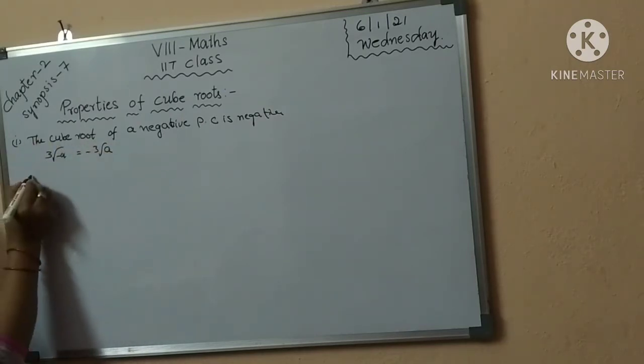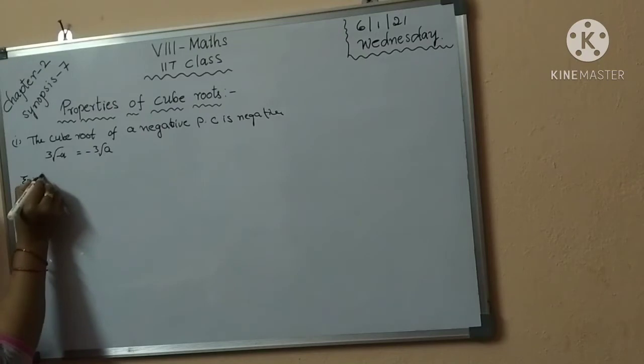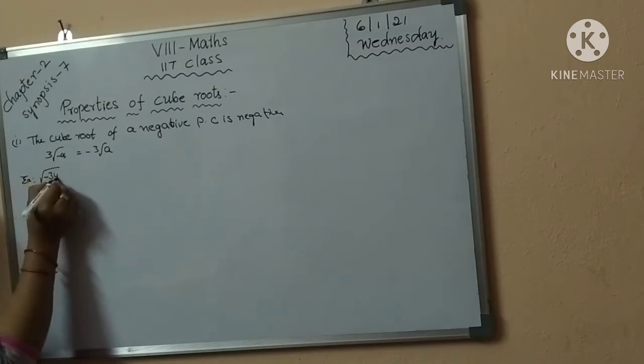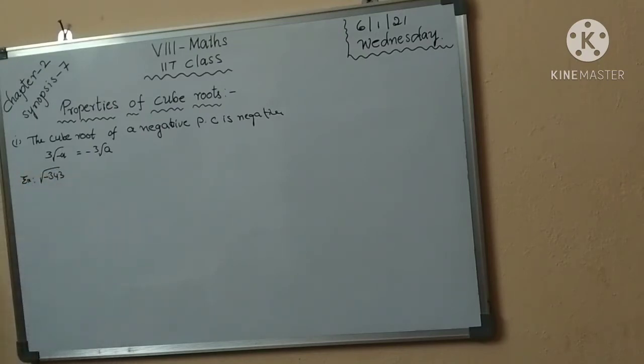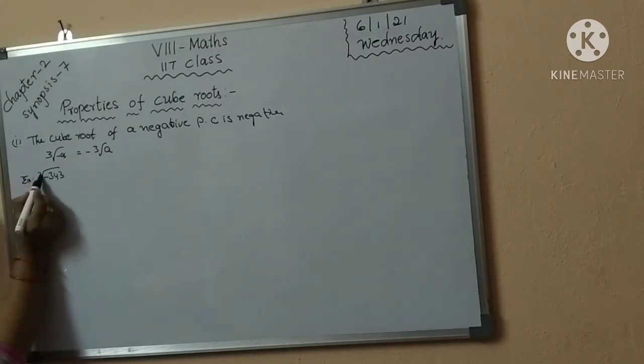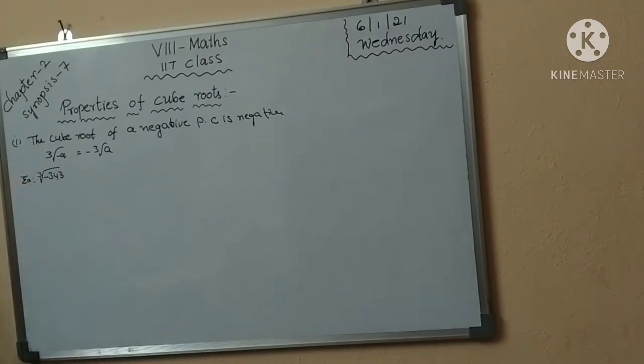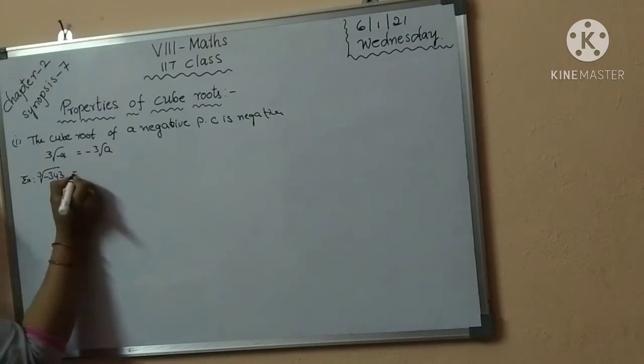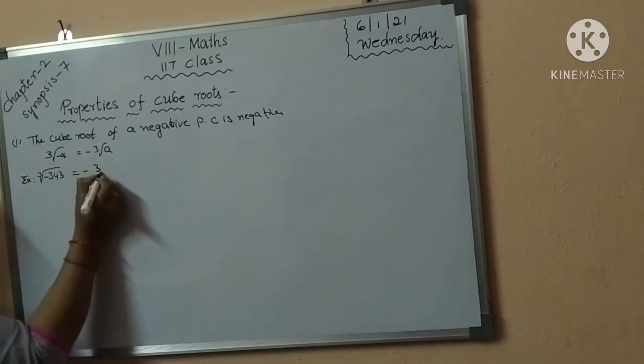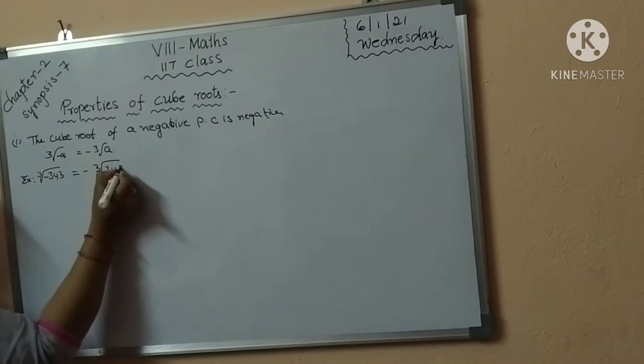In the same way, for example, cube root of minus 343. It is equal to minus cube root of 343.